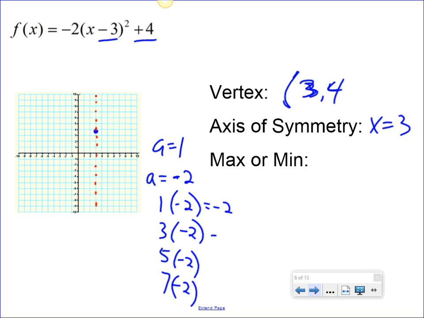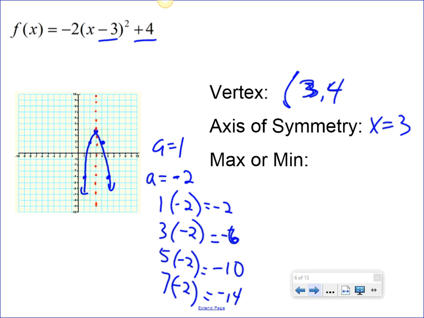So I get -2, -6, -10, -14. If I were to start at this point, that would tell me I'm going to go down 2 over 1. I'm going to go down 6 and over 1. And then if I could, I would go down 10 and over 1. So I could mirror my points across, and this is going to be the general shape of that parabola.